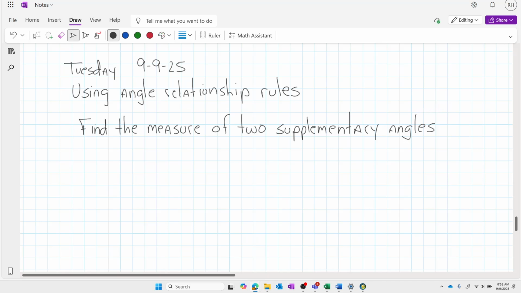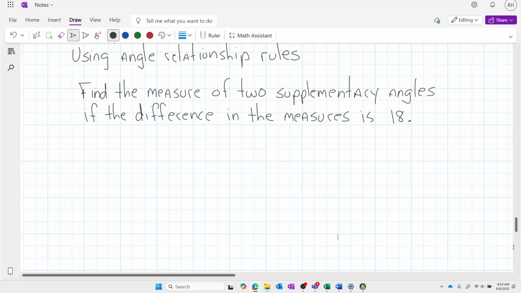if the difference in the measures is 18. So the first thing, I guess you're still writing down the problem.